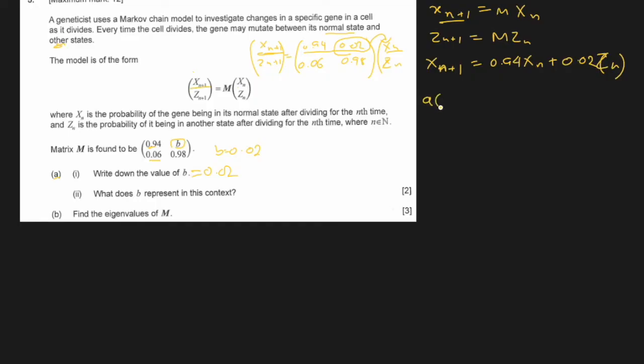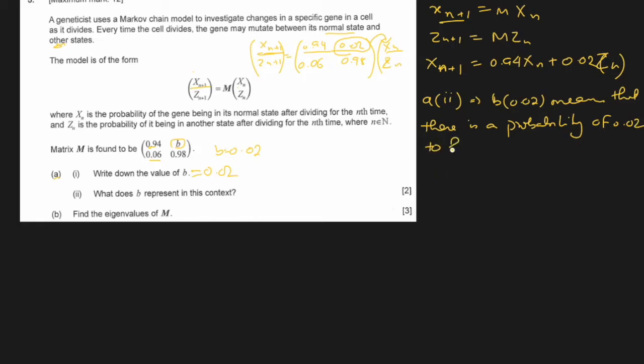Let me write it here. A second part, B, which is 0.02, now means that there is a probability of 0.02 to have a normal state when the previous state was other state.